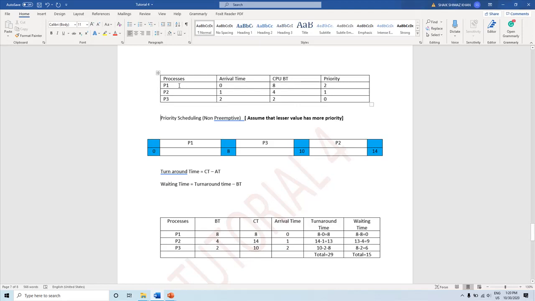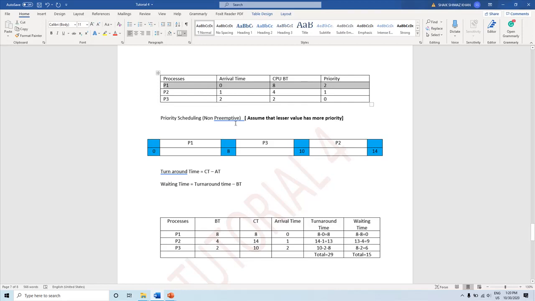So you can see there are three processes, their arrival time is given. So process 0 arrives at time 0, so it is the one which comes first. So at time 0, please understand, in the ready queue, there are no other processes, only P1 is existing.